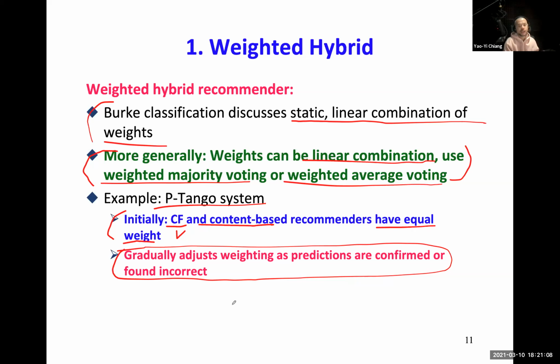And maybe here you can use a different weighting scheme for every user, right? For some users the content-based system might work better. For other users, you might use collaborative filtering. Okay, so weighted hybrid. This one is very useful and very simple to implement. You can consider using this one for your final project.